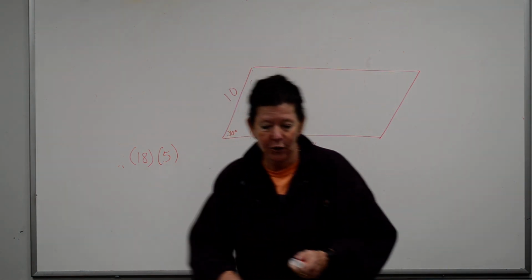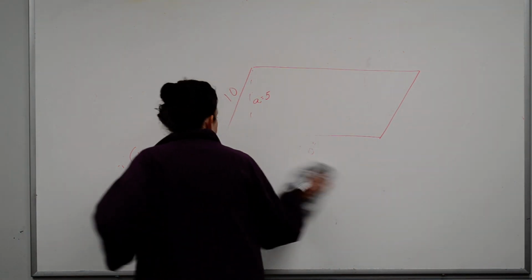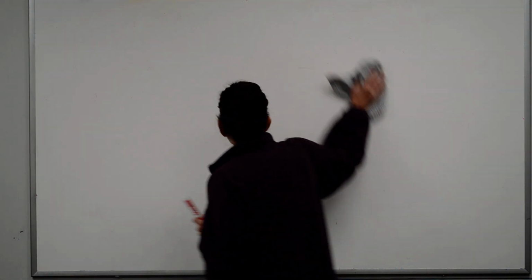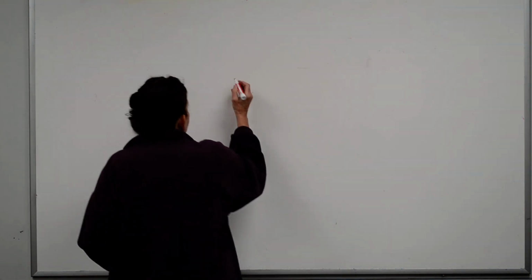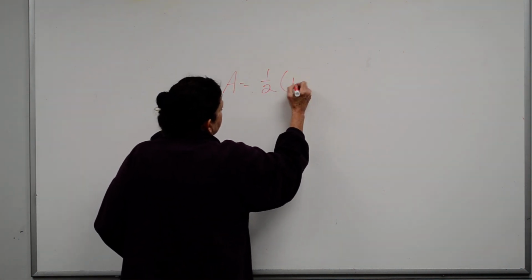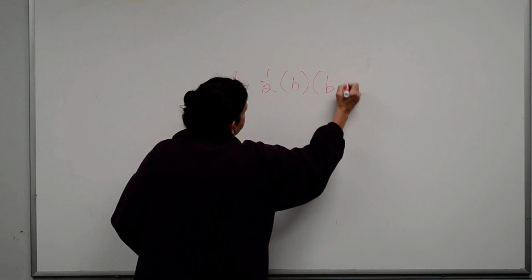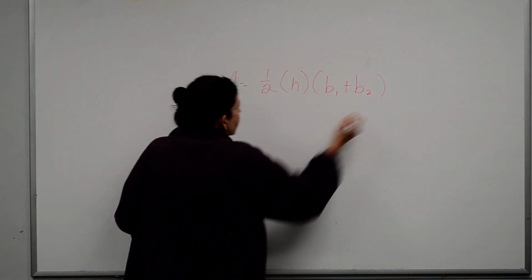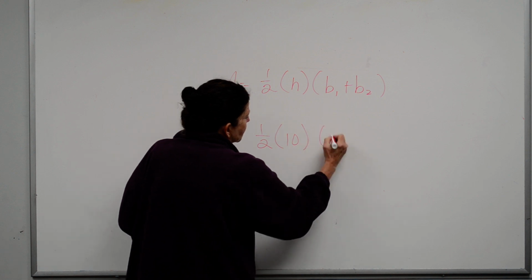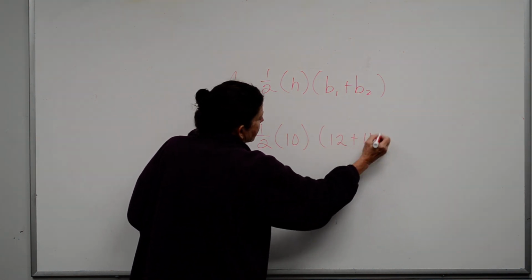Now, if I had a trapezoid, be careful on this because I think it messed somebody up on something. Let's say you've got 1/2, and this is 10, and this is 12, and 14.